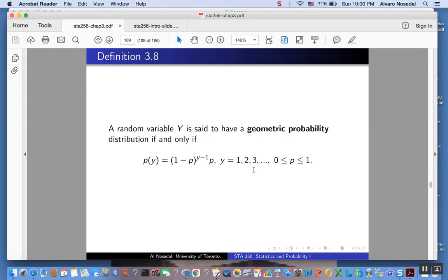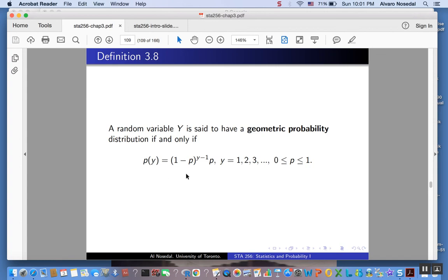Okay. So just to summarize, with that example, what we did was give an illustration of the kind of random experiment that results in a random variable having a geometric probability distribution.